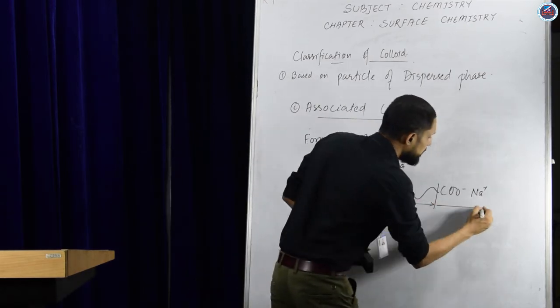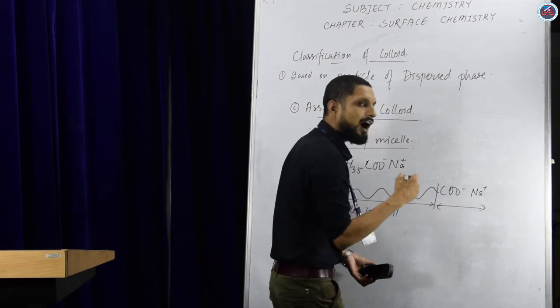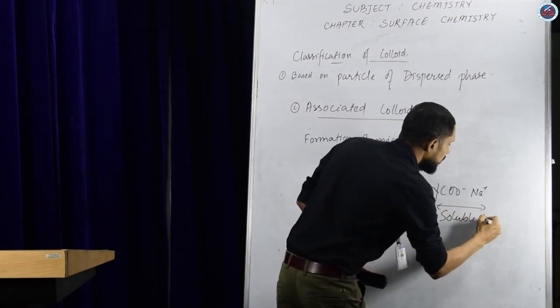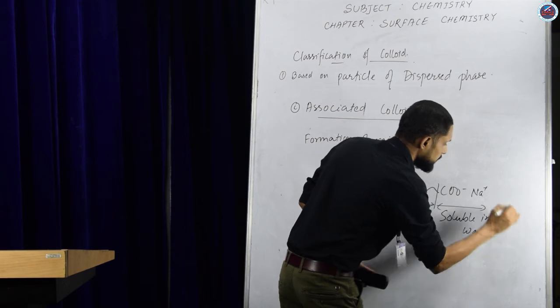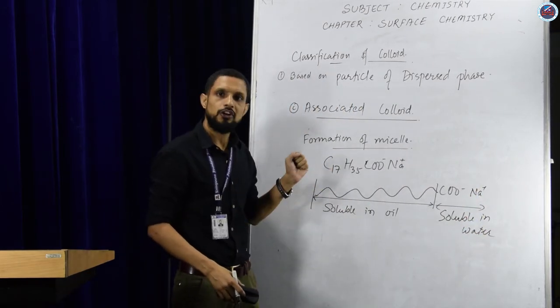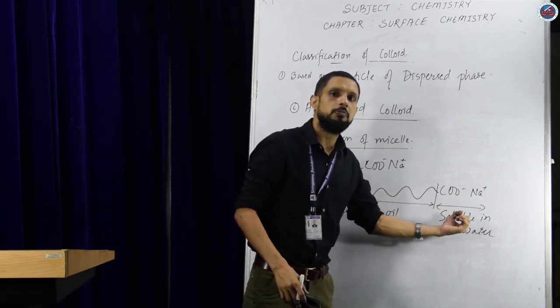Whereas the polar part, that is COO negative Na positive, is hydrophilic. That means they are soluble in water. So first you have to know a soap has two parts, polar and non-polar. The non-polar part is soluble in oil and the polar part is soluble in water.